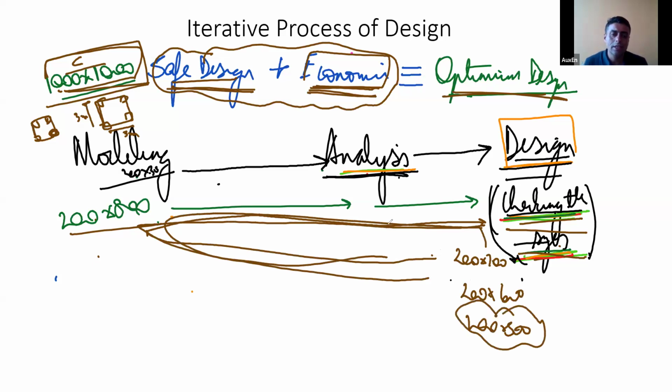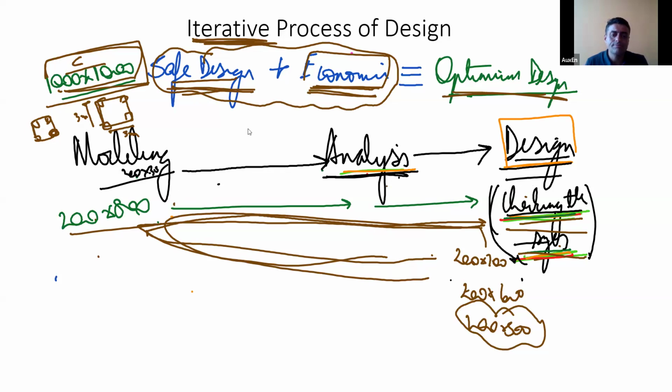So this optimization or this iterative process, so to say, can work in both directions. That means there may be a situation when I have provided a size which is unsafe. So I keep on increasing the size till I achieve safety. And for that, I need to do this iteration repeatedly. I have to go back to modeling, change the size, run the analysis, check the new forces. This keeps on going until I achieve convergence.